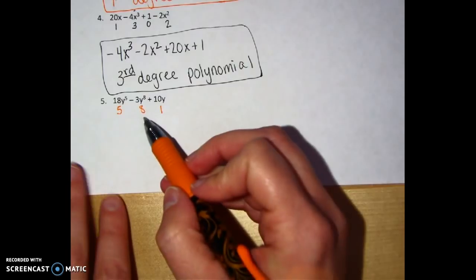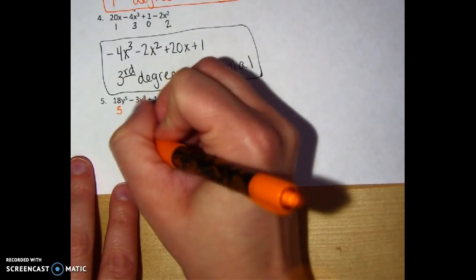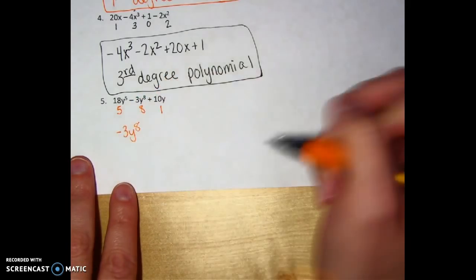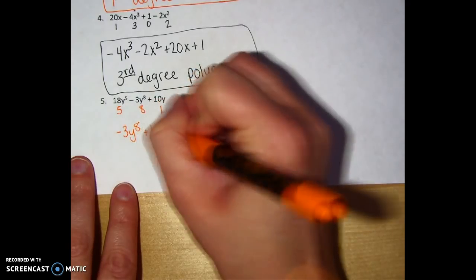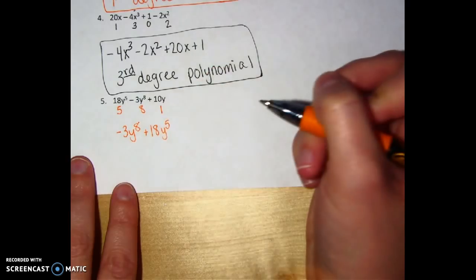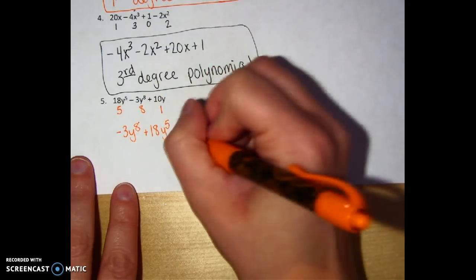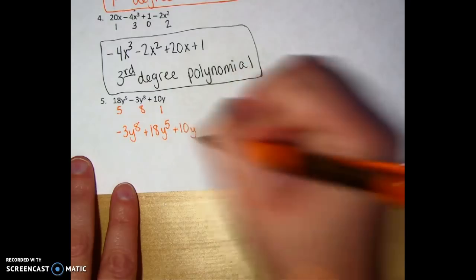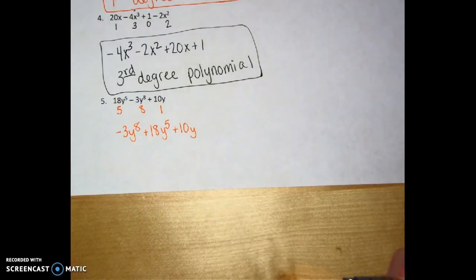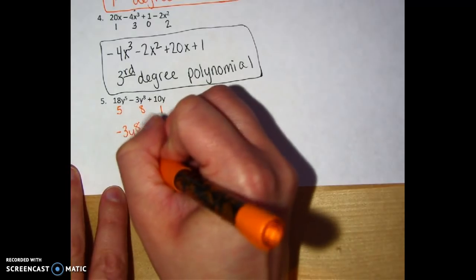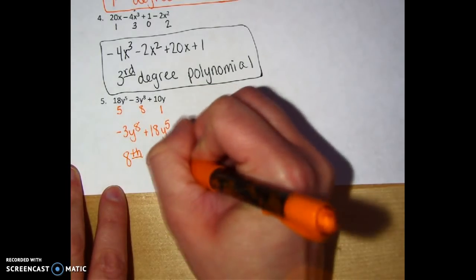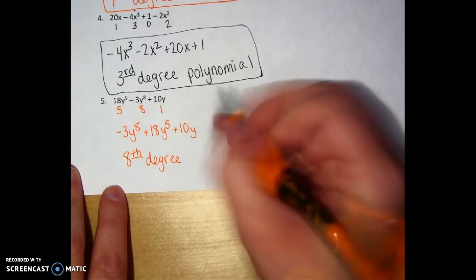So the 8 will go first, so that's negative 3y to the 8th, plus 18y to the 5th, plus 10y. And my highest degree is 8, so that's an 8th degree. 1, 2, 3, that's a trinomial.